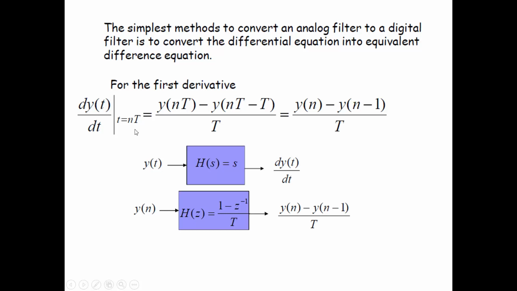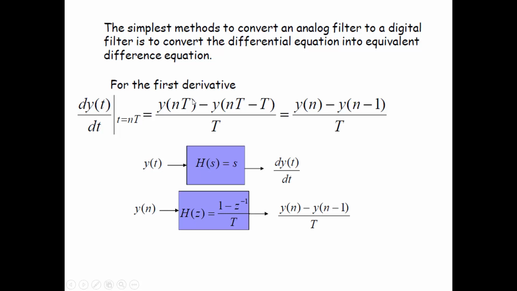That means we are doing the sampling here, right? And we will convert the differential equation into the difference equation. Now this derivative, when t is replaced with nT, can be written as y(nT) minus y(nT minus T) divided by T, right? So this is the backward difference.